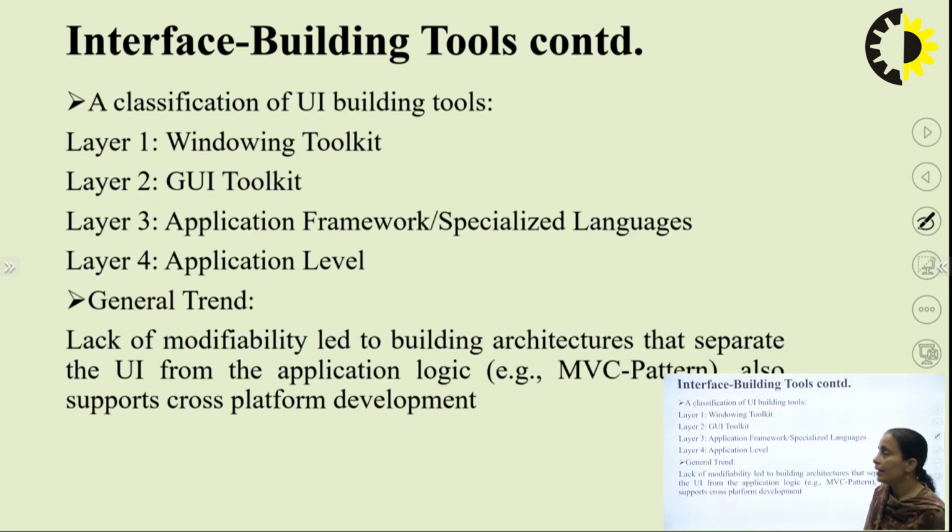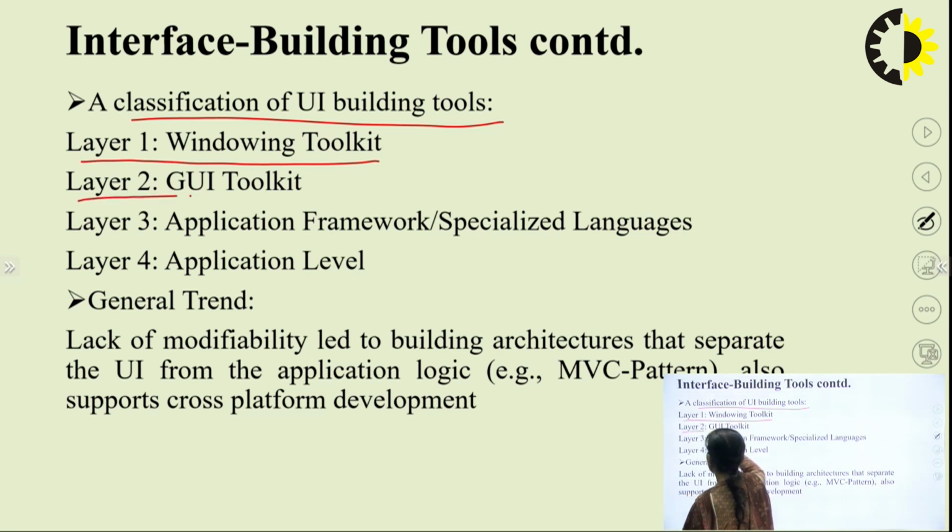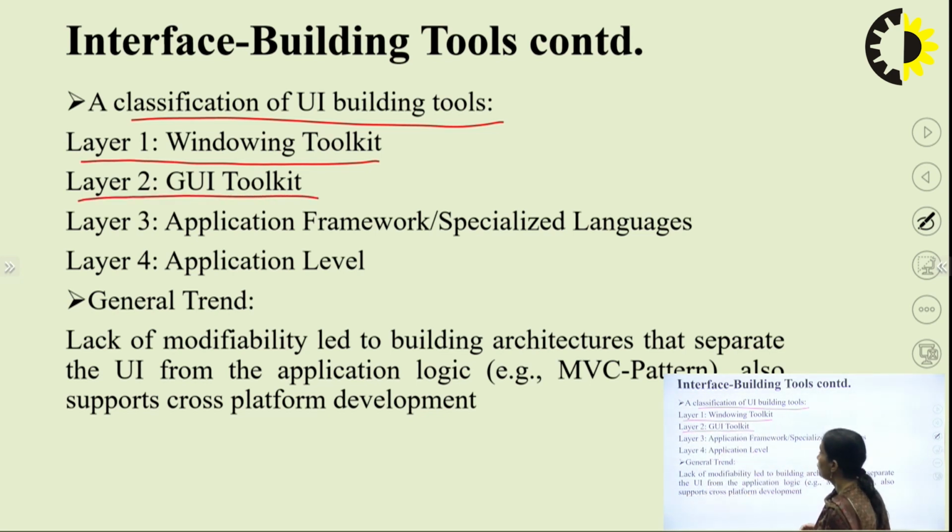Then a classification of UI building tools. In the first layer, we are talking about the windowing toolkit. In the second layer, we are talking about the GUI toolkit. At the third layer, we are talking about the application frameworks or specialized languages that we will be using.